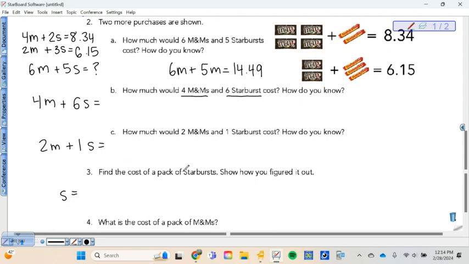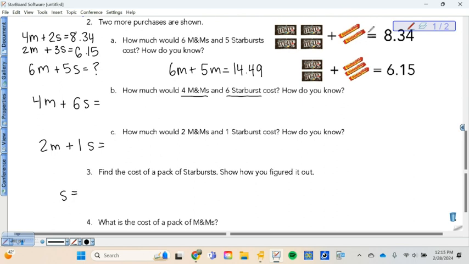One of those purchases, the top one or the bottom one, is related to the 4M plus 6S. Not the top one, it's the other option. I don't know how much 4 M&Ms are.